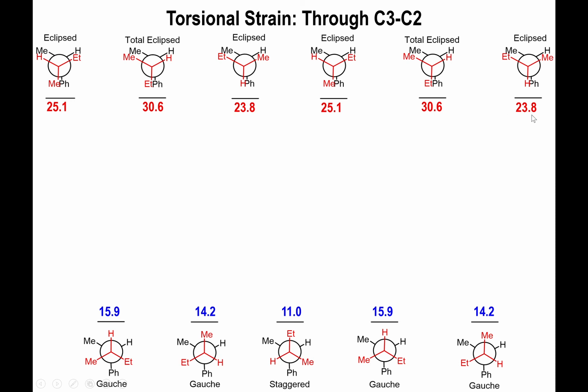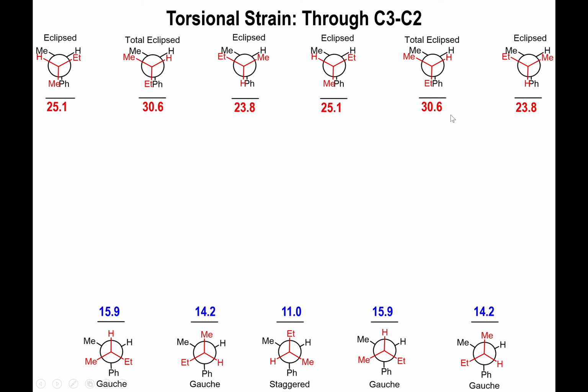And this will be true every single time that you do torsional strain analysis on your Newman projections. So all of the eclipses should be above, all of the gauche conformations should be below. And then the last thing you need to do is just relatively raise the energies, right? The higher the value, the higher up you should be in terms of the vertical axis.